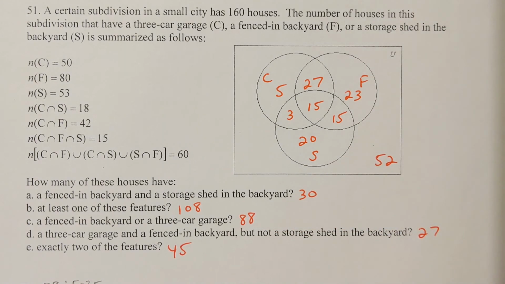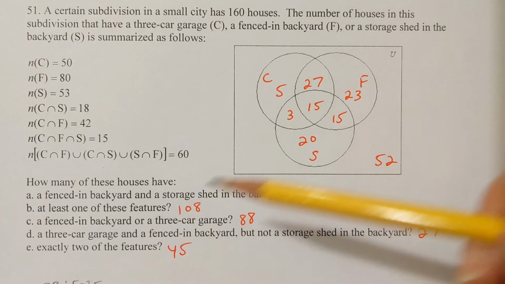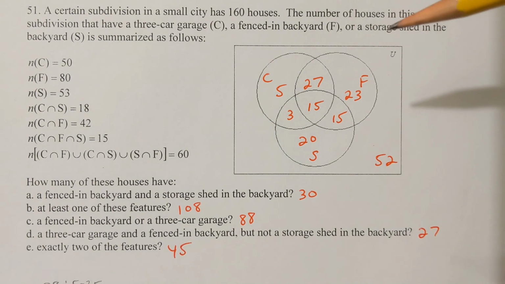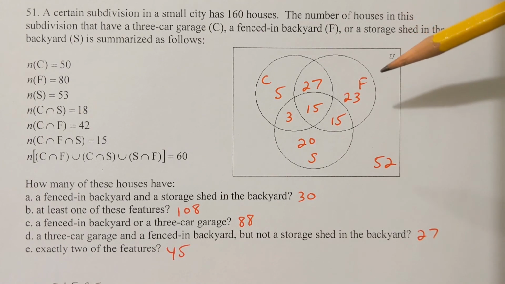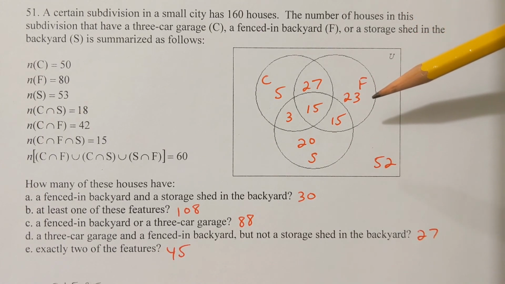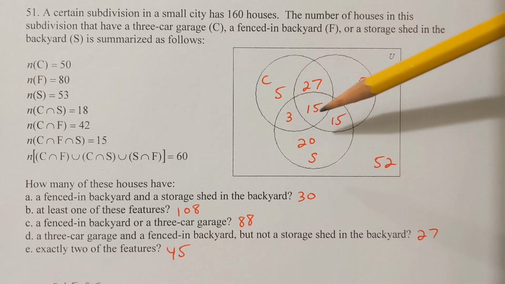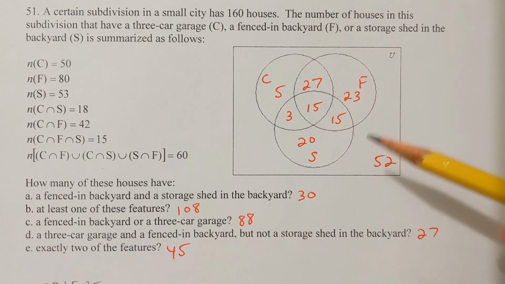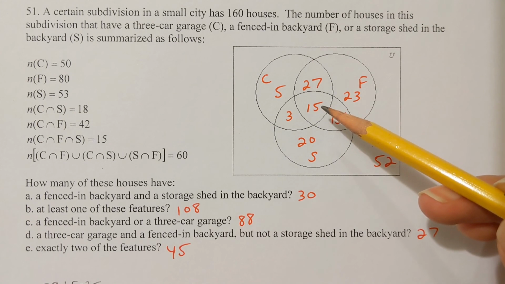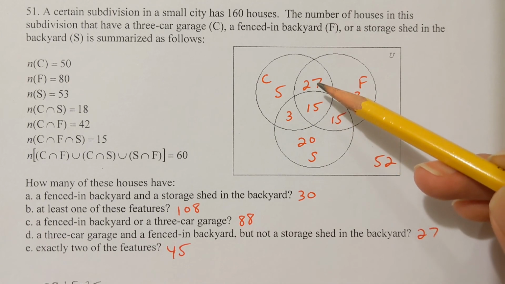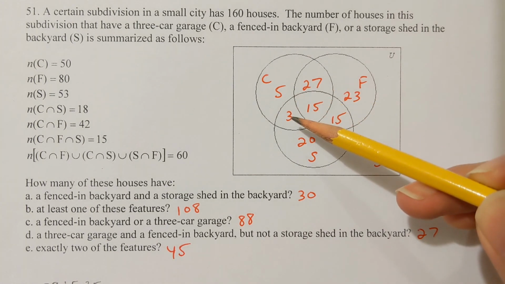Part C, how many of the houses have a fenced-in backyard or a 3-car garage? Or is a key word. Or means union. So that'd be F union C. 23 plus 15 plus 15 gives me 53, plus 27 gives me 80, plus 5 is 85, plus 3 is 88.